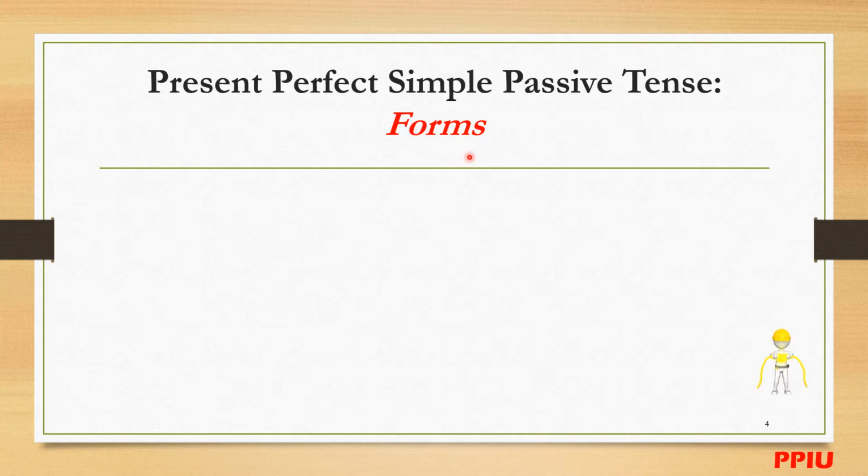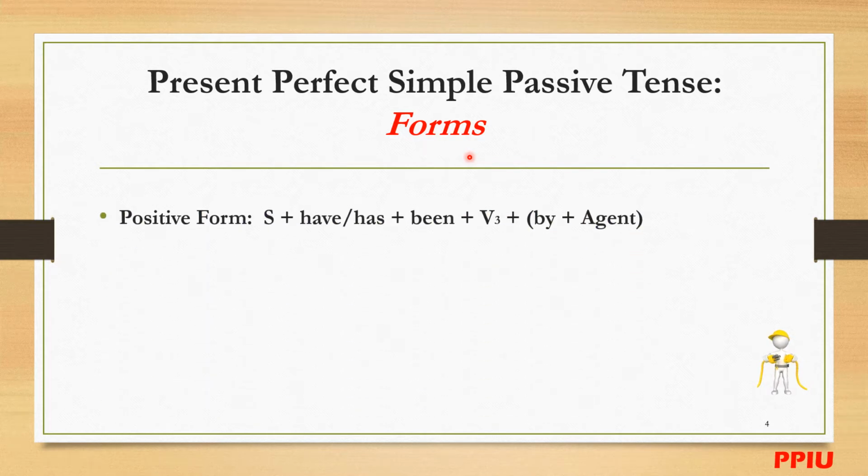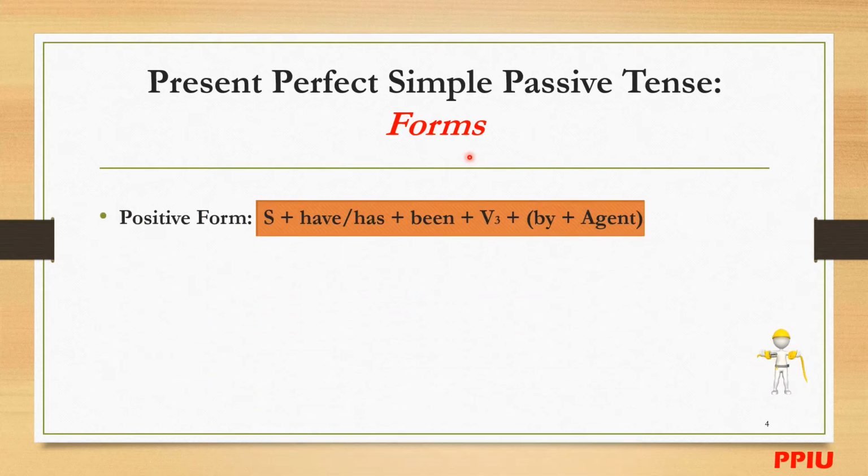Here are the forms. I just try to highlight the form again. It is not far different from present perfect simple, but here it has subject plus have or has.